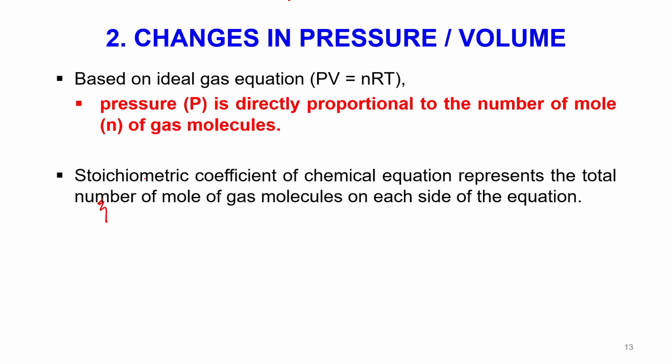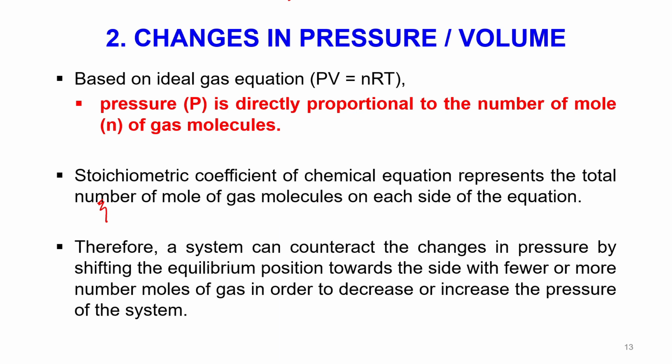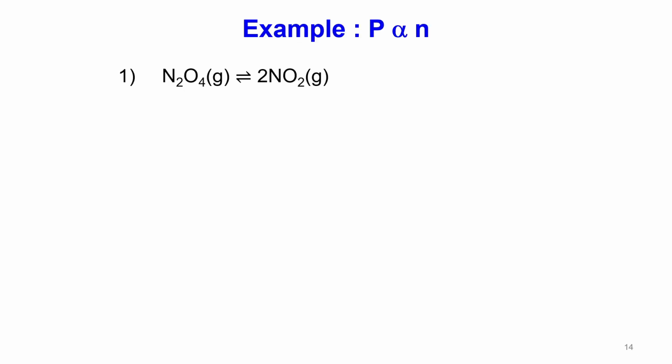So stoichiometric coefficient of chemical equation represent the total number of mole of gas molecules on each side of the equation. Therefore, a system can counteract the changes in pressure by shifting the equilibrium position towards the sides with fewer or more number of moles of gas, in order to decrease or increase the pressure of the system.